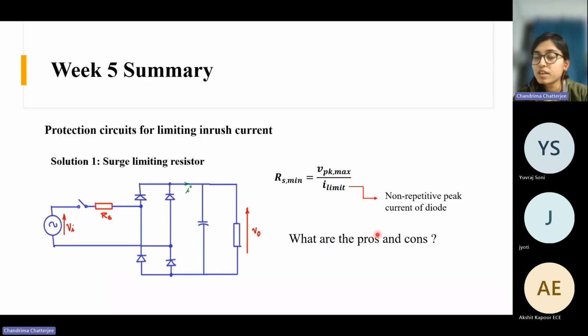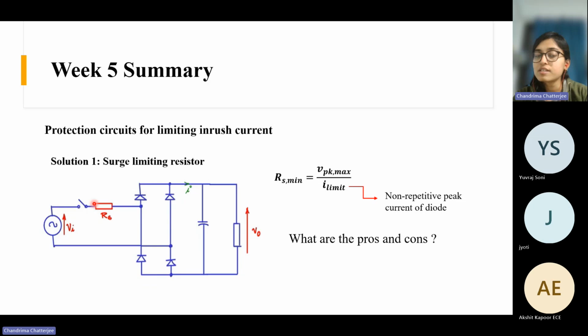Now there are some pros and cons. The advantage is very obvious: this is the simplest solution. You just need one resistor. That's it, this is the simplest solution that you can get. And what is the con? The con is that this is a lossy solution, because once this circuit reaches steady state, you don't need this resistor. You only need it during the starting period.